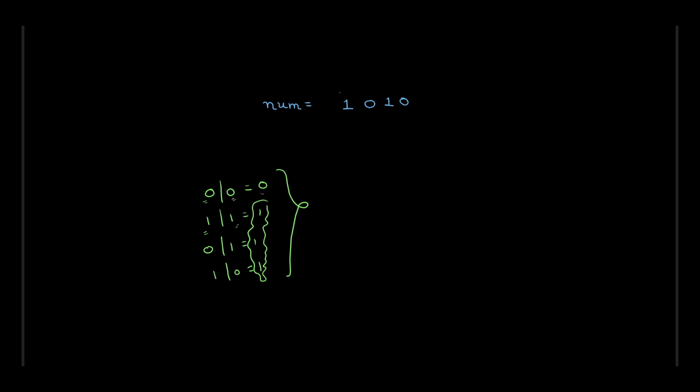This means that if you start out with a number that has some bit representation, like let's say 1010, then it is not possible to unset the bit that is already set. So this is the first observation regarding bitwise OR, that you cannot unset a bit.